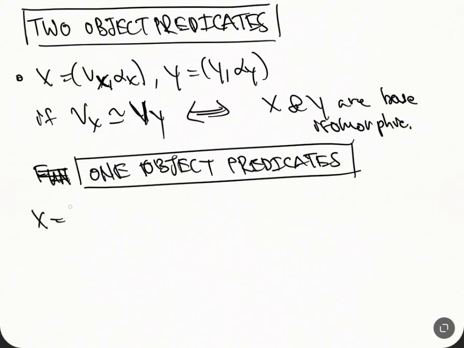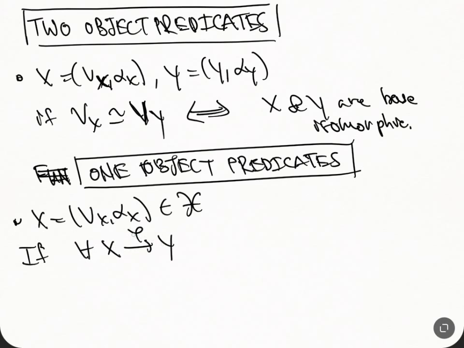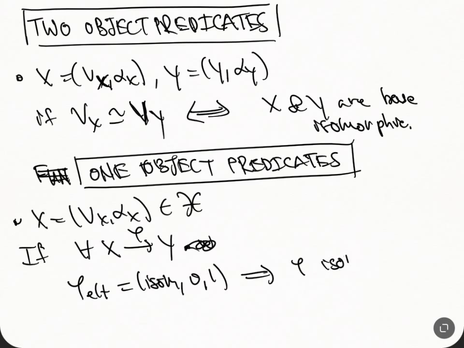If x is equal to v of x, alpha of x, and this is in our Frobenioid, if for all morphisms phi like this, if the elementary Frobenioid looks like isom 0, 1, then this implies that phi is an isomorphism.